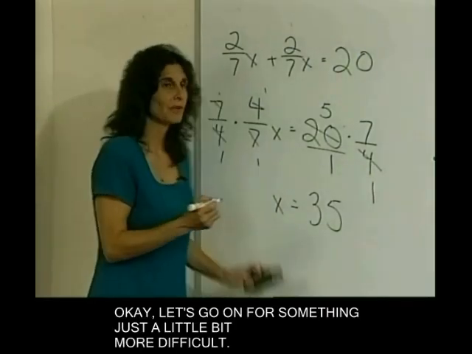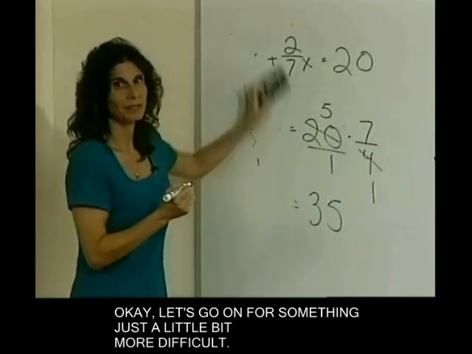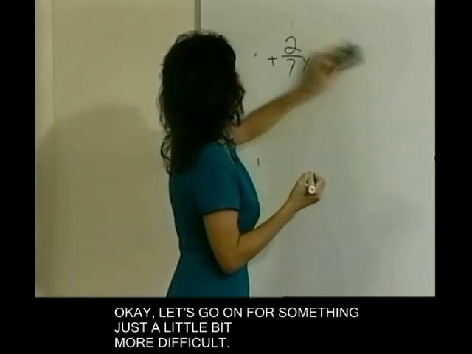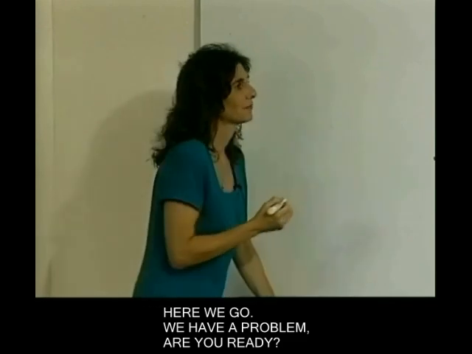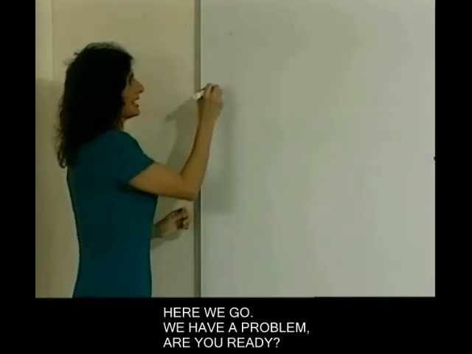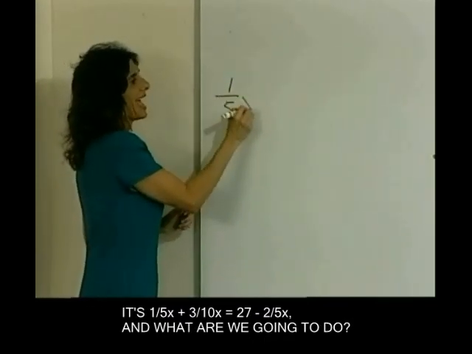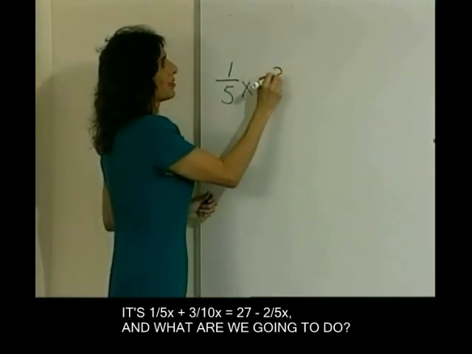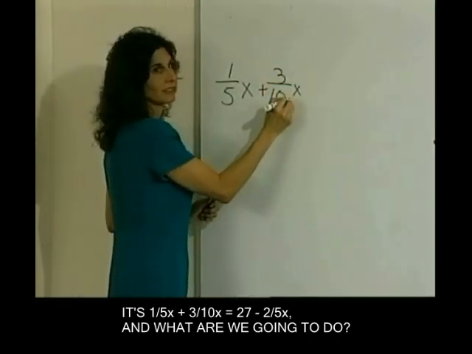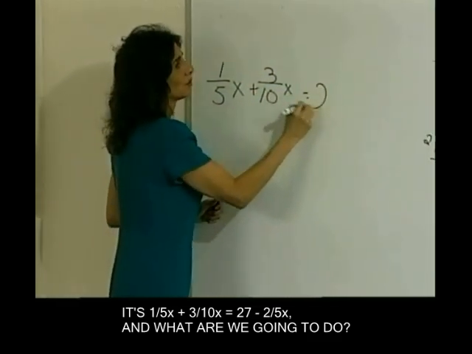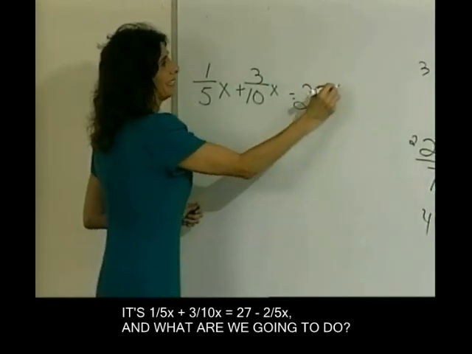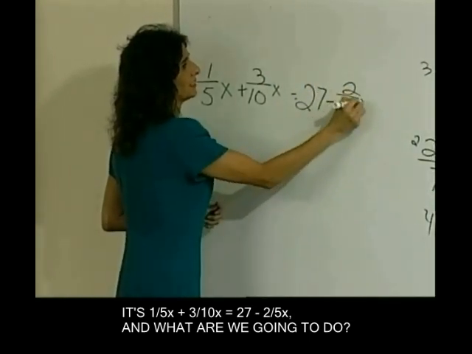Okay, let's go on for something just a little bit more difficult. Here we go. We have a problem. Are you ready? It's 1/5 x plus 3/10 x equals 27 minus 2/5 x.